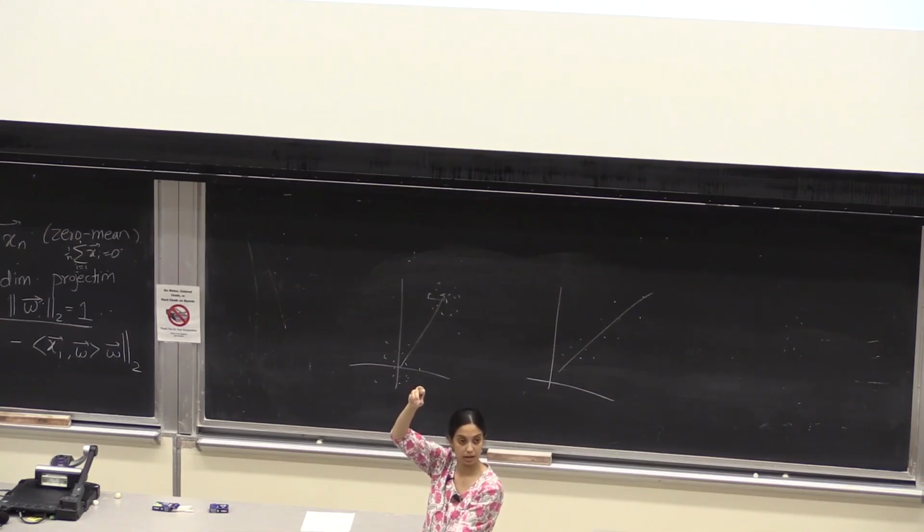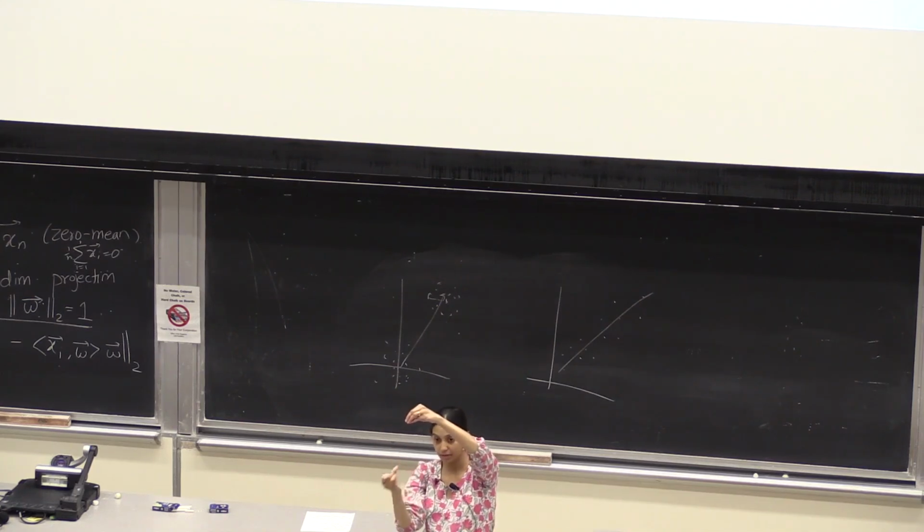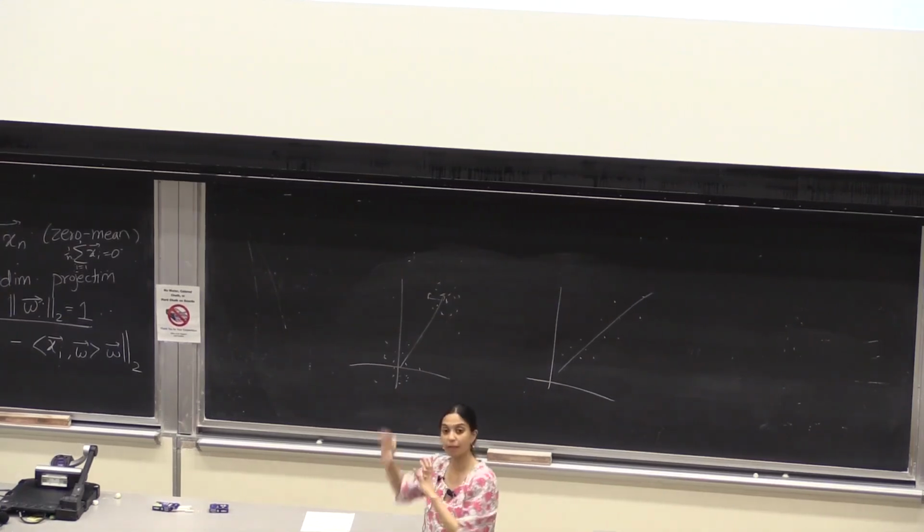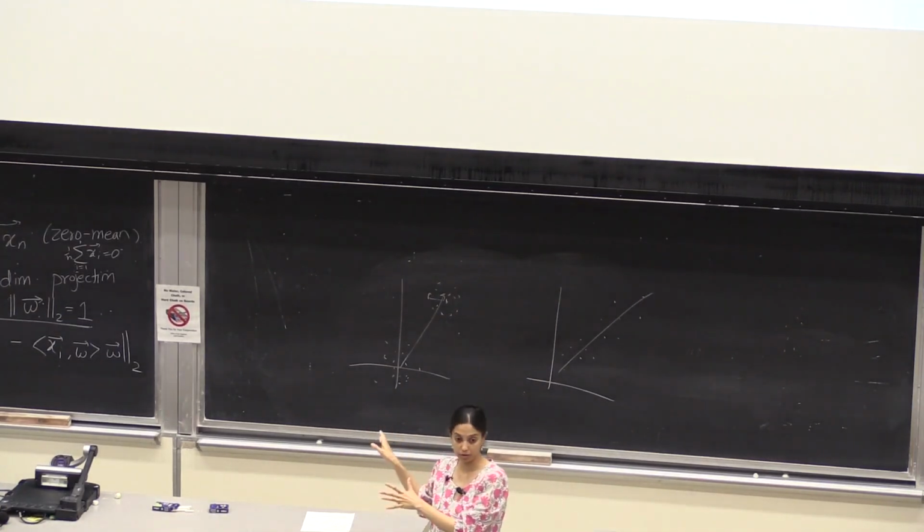And intuitively, if you projected all of these down onto the x-axis, you're getting all these giant error vectors. Whereas if I had all my data spread here and I'm projecting onto the z-axis, my error vectors are going to be tiny, and therefore my average error is also going to be small.